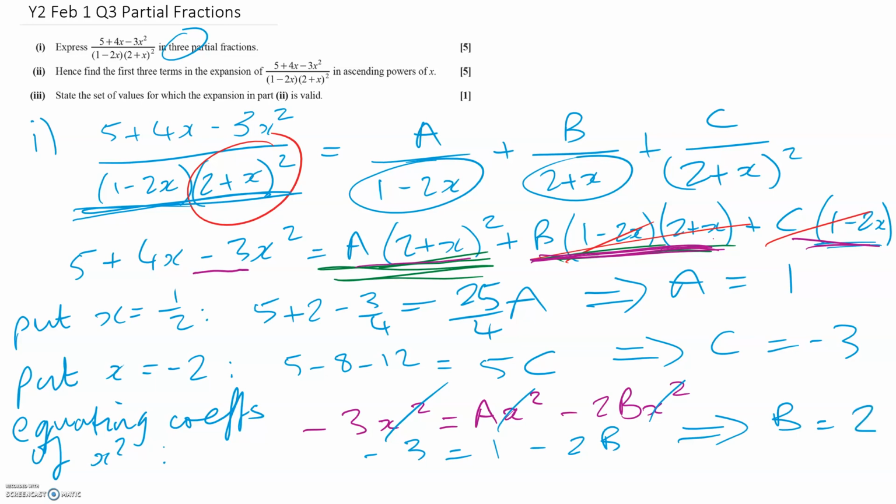Now the question doesn't have any A's, B's and C's in it, so we need to finish our answer by writing out what the fractions are. I'll just write the answer at the top here because I'm running out of space at the bottom.